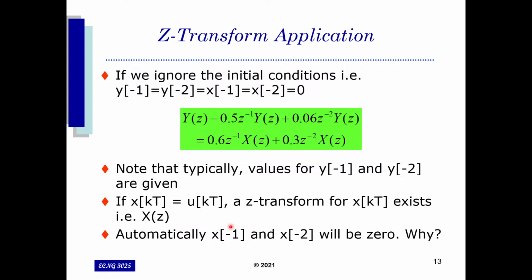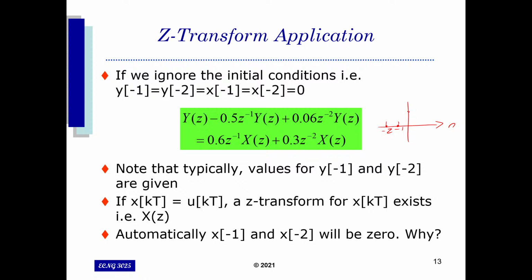Because this is a unit step, that means x of negative 1 and x of negative 2 are going to automatically be 0, because we drop the unit step in terms of n, and this axis here is going to be n, with minus 1 and minus 2 here. These values here are just going to be 0.